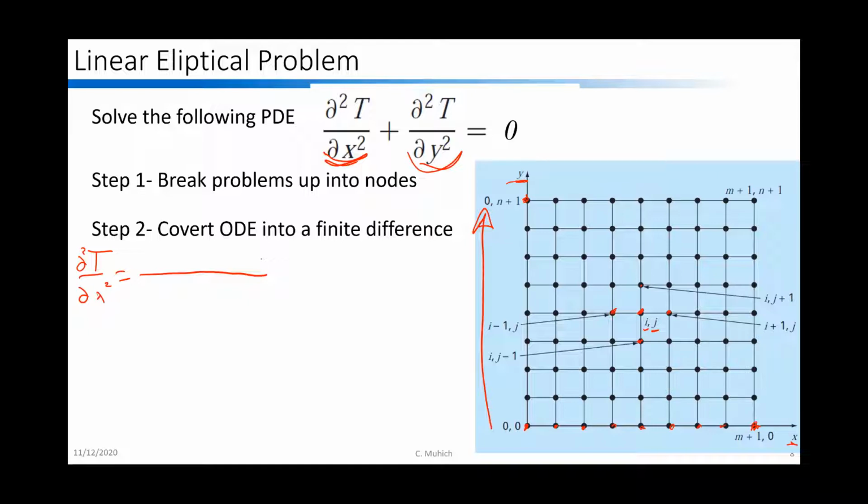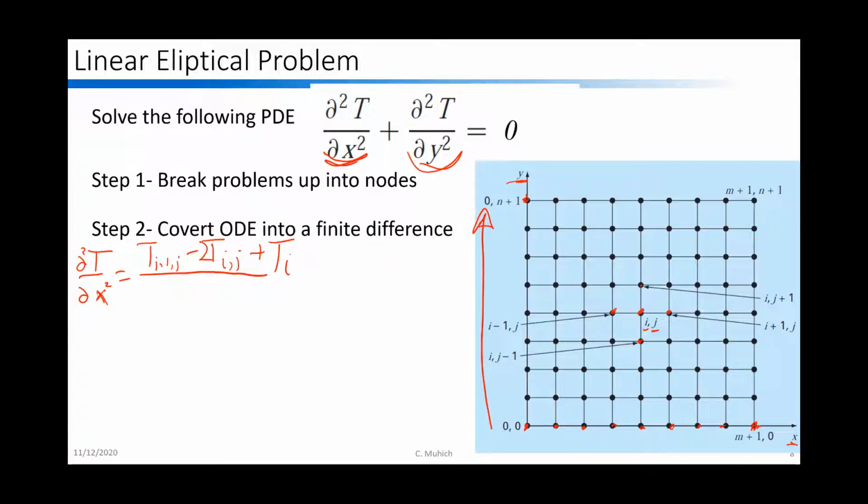for calculating a second derivative. Remember, if I have a partial derivative with respect to x, I change my x direction. So I maybe look right. So I go i plus 1 comma j without changing the y direction, minus 2 times i comma j, plus look now to my left at the same y point.